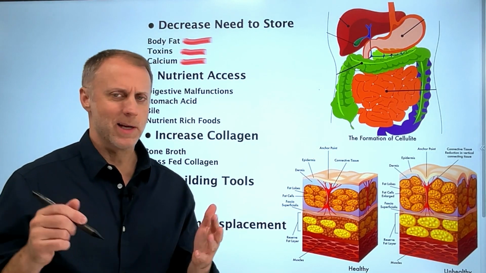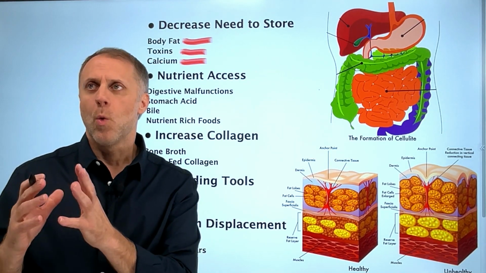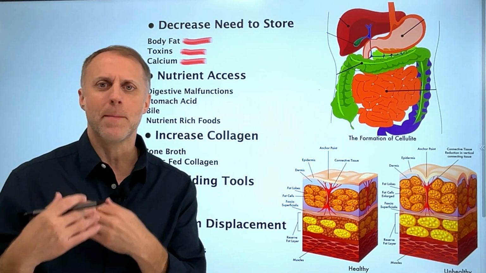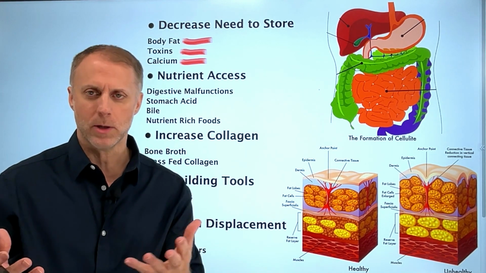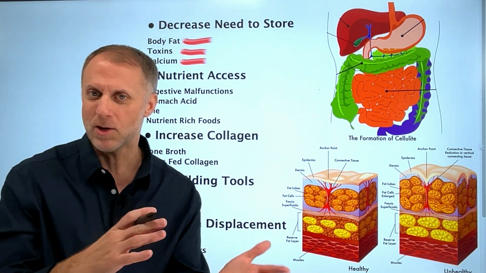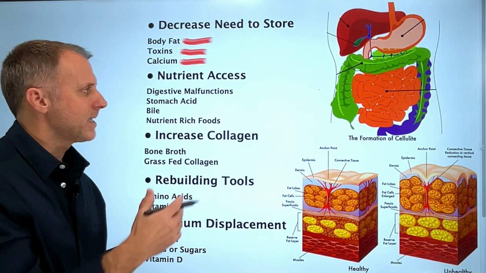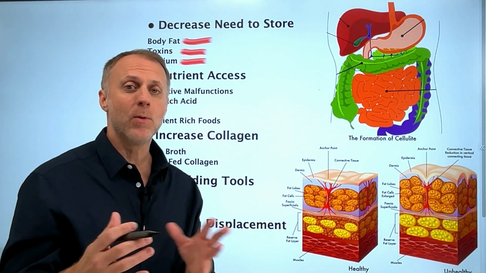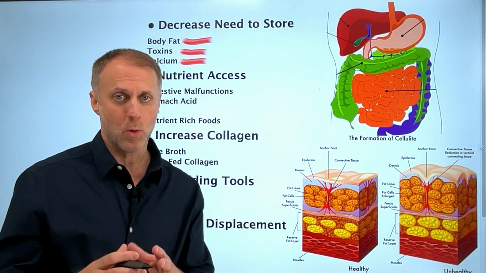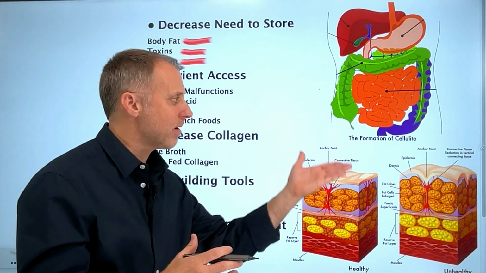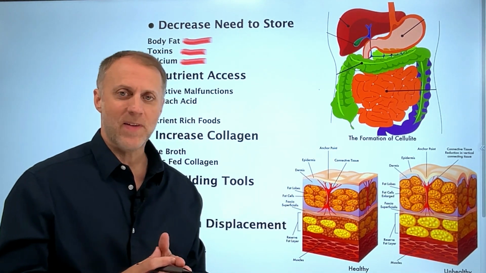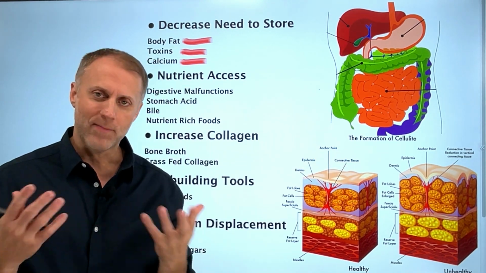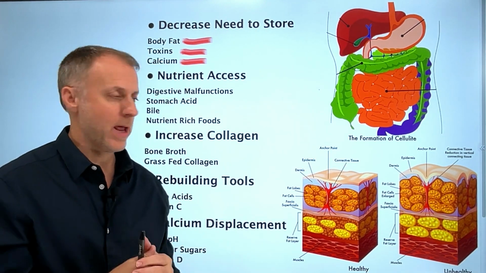And there are even some studies I'll link below showing that when there's more calcium in the fat cells, the cells can become more efficient at burning fat. That doesn't mean I want you to try to shove calcium into your fat cells to burn more fat, but it does explain why we see this cellulite issue even when somebody is not overweight. So it could be an issue of things like calcium being stored in this fat cell, or maybe some toxins stored in these fat cells, where they'll have the cellulite issue even when they're not overweight.